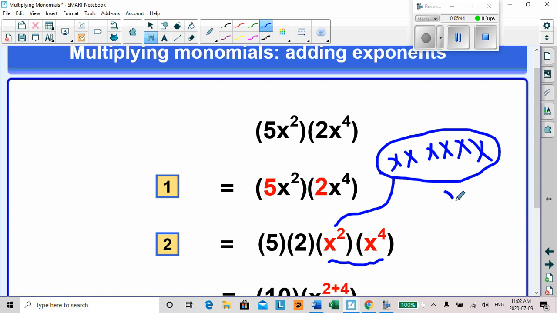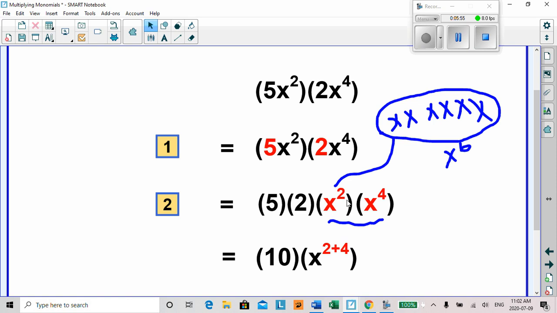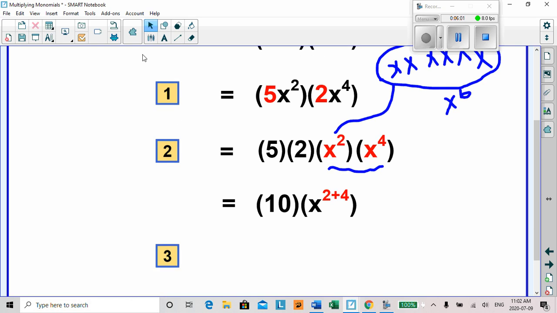So we can write that as x to the exponent 6. Now, if you don't want to write all of those out, you can recognize that 2 plus 4 is equal to 6. So our final answer is 10x to the exponent 6.